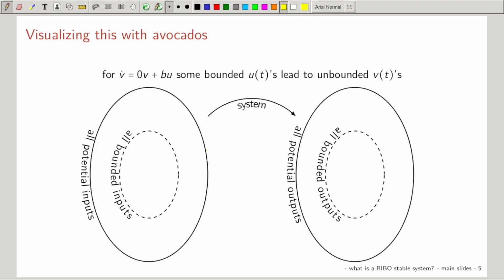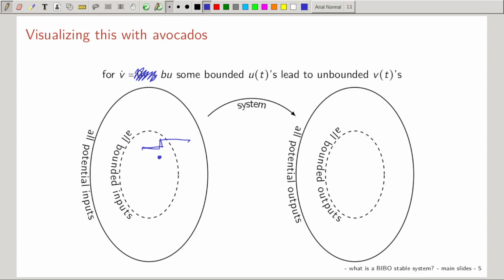Let's go fast. Let's go to this. This one is the important part. What do we have? Our single integrator is such that I take a bounded input in the set of all the inputs, and the set of all the bounded inputs.